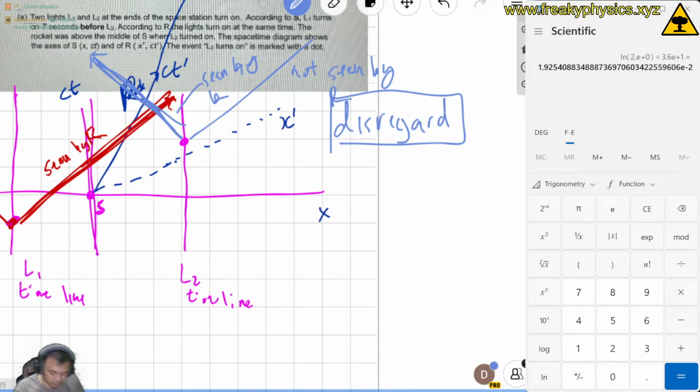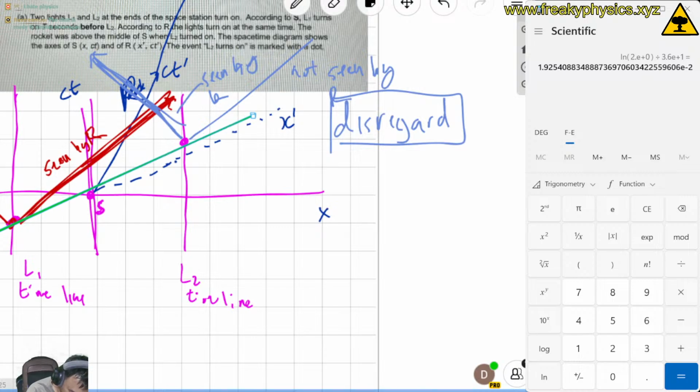So once we draw this X prime graph, let's use a different color here again. Once we draw the X prime graph like so, and we draw which one does it meet first again?